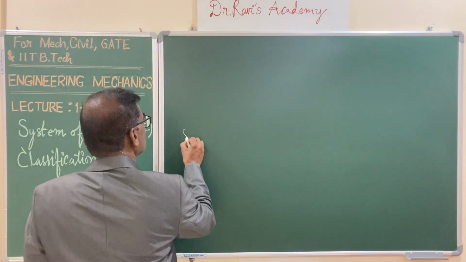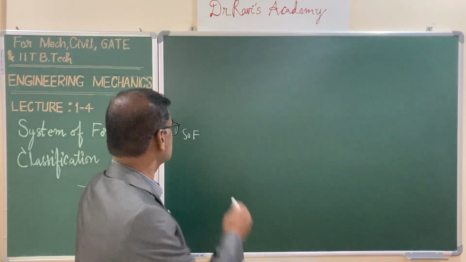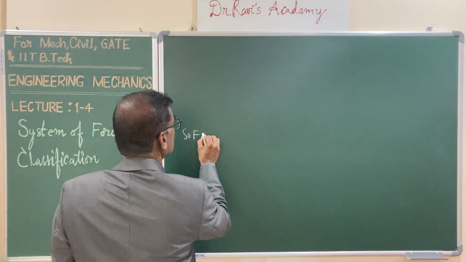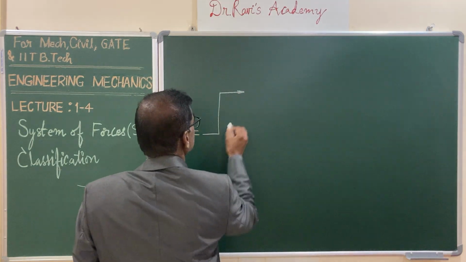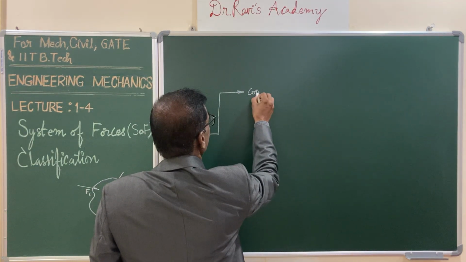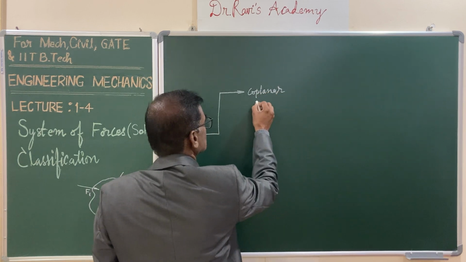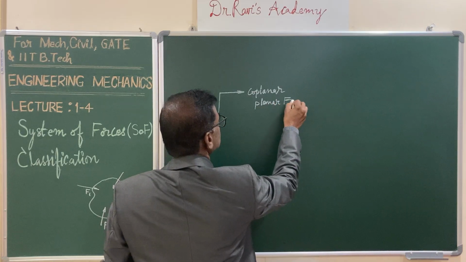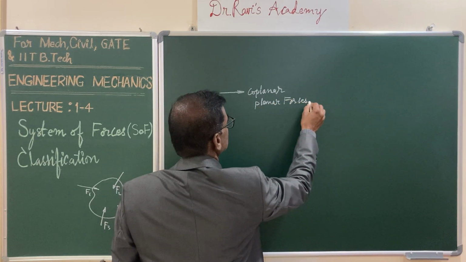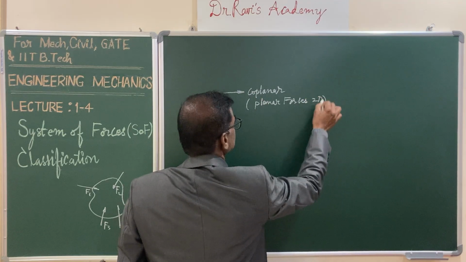Now, the system of forces, which I am writing as SOF, is broadly classified into two important streams. The first one is coplanar forces, which is also known as planar forces, and it is represented as a two-dimensional system of forces.